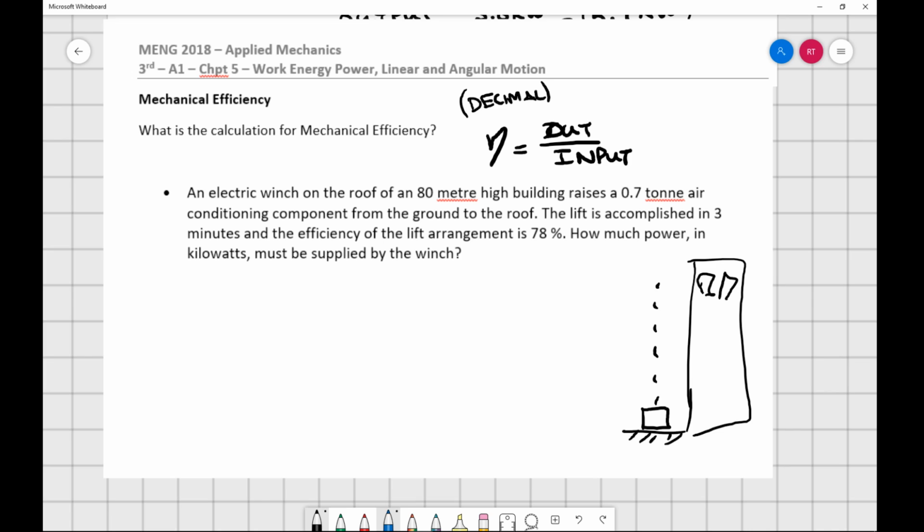If it's going to go up to the top of the building, the work is going to be equal to the mass times gravity times height.